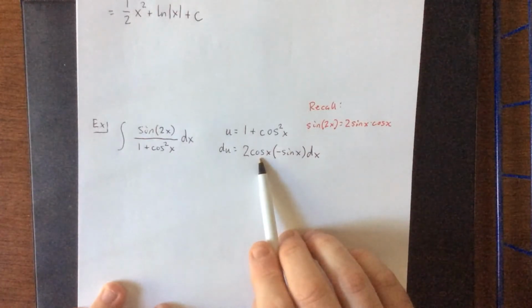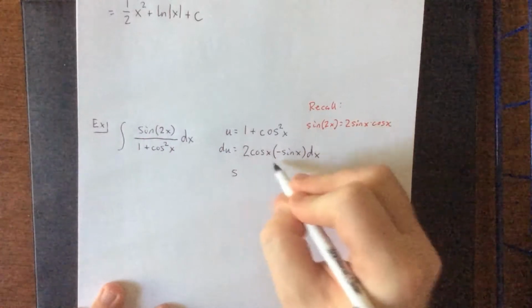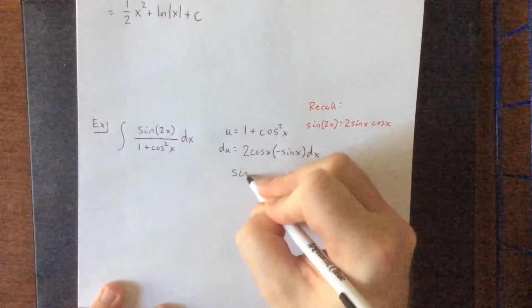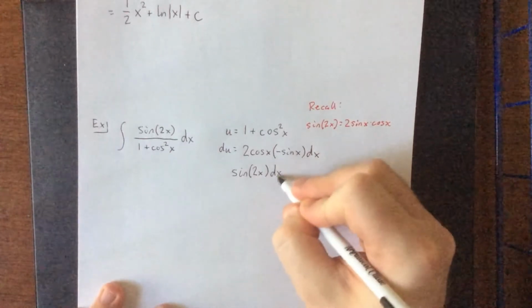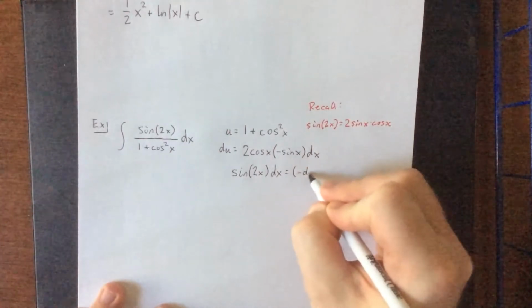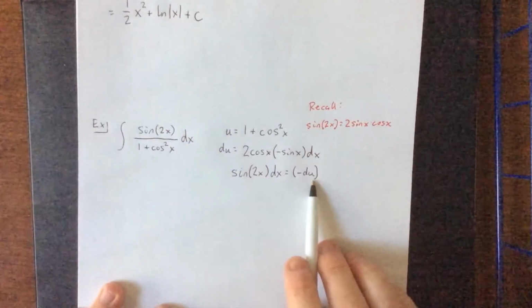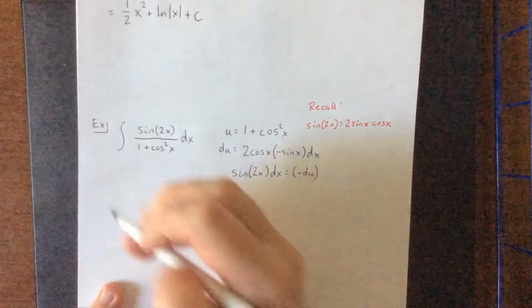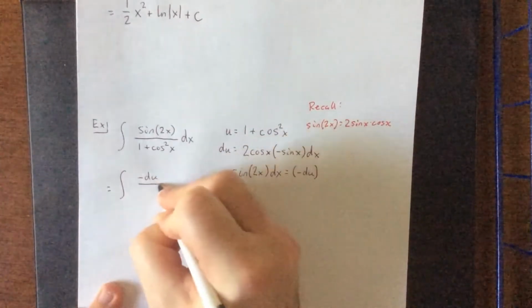The only thing that we're missing is the negative. So what we can do here is take the 2 and the sine of x and the cosine of x, put them together and call it the sine of 2x, and move this negative over to the other side. So that when we make a substitution on the sine of 2x times dx, we can simply turn that into negative du. This will turn the integral into negative du divided by u.